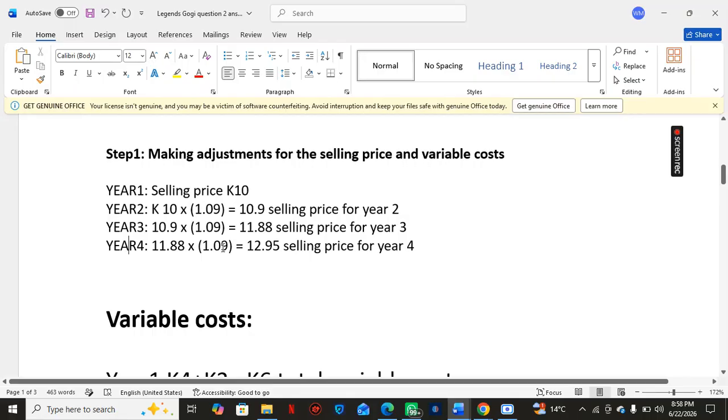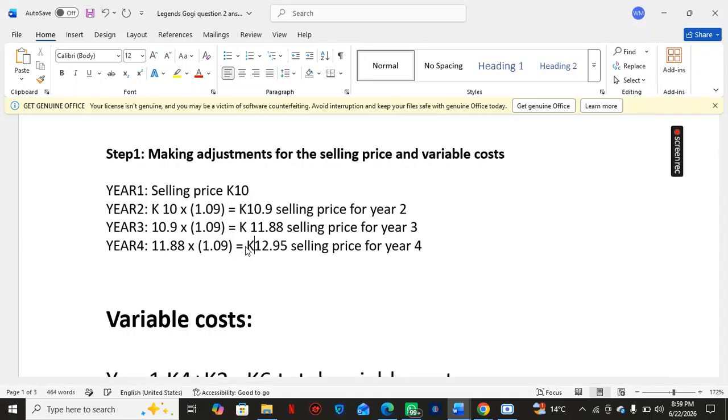Year 4, the selling price for year 3, 11.88 multiplied by 1.09. This 1.09 just represents a 9% increment. So 11.88 multiplied by 1.09 is 12 kwacha 95 ngwe. That is the selling price for year 4. I hope we're all clear with this. Any questions?